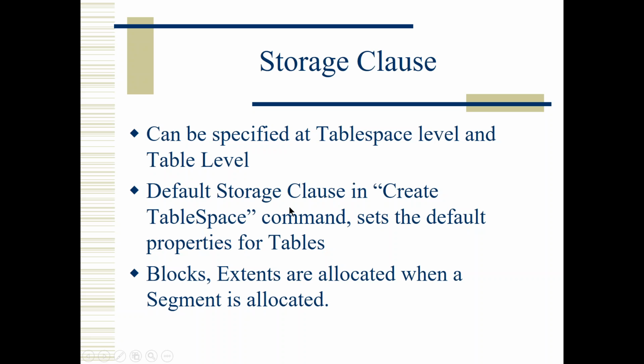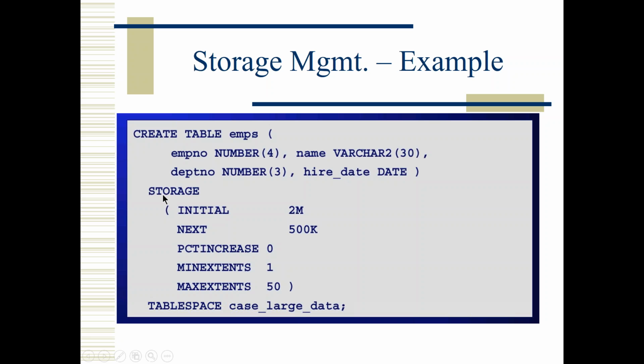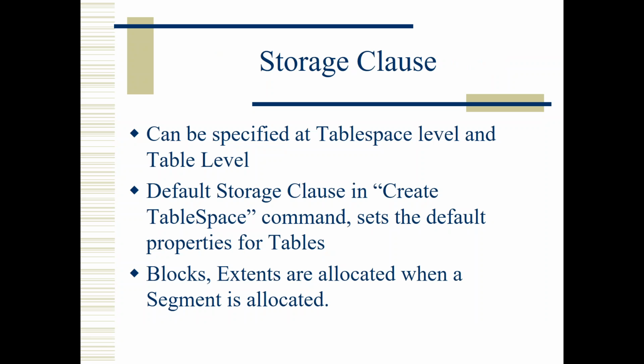There is also the idea of a default storage clause, which is added in the create table space command, which will be used. So instead of specifying a storage clause in each table, if a default storage clause is applied, then each time an object is created, it sets the default properties for the table.